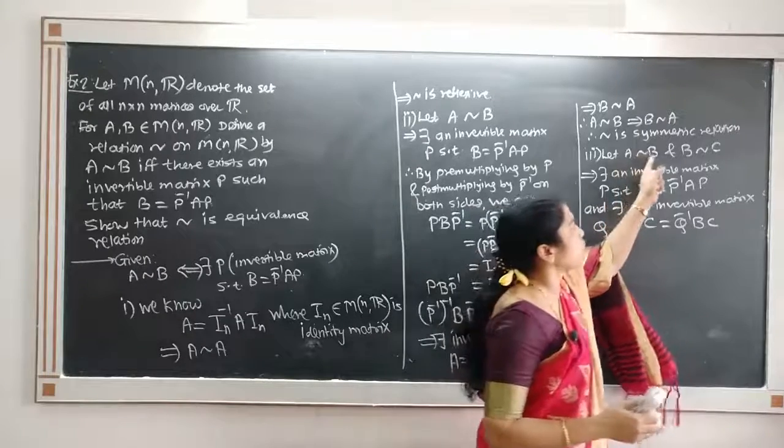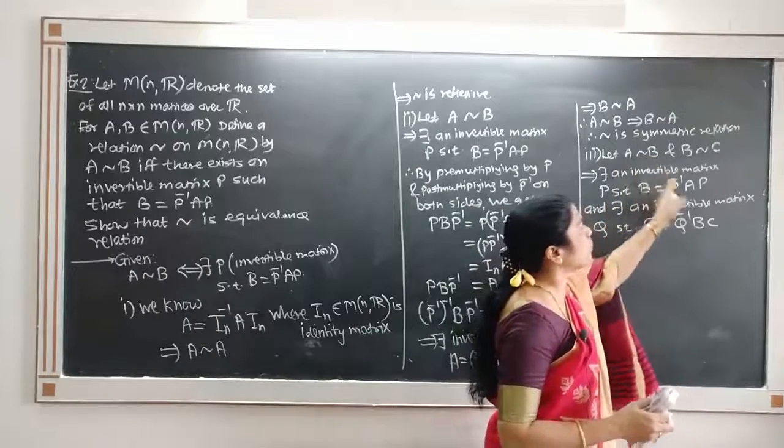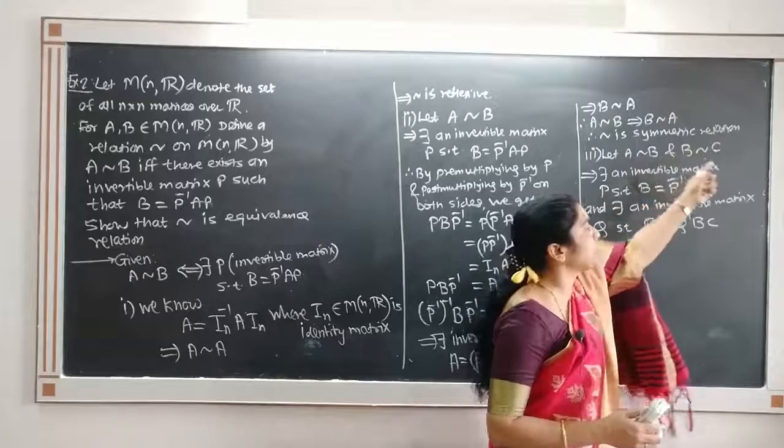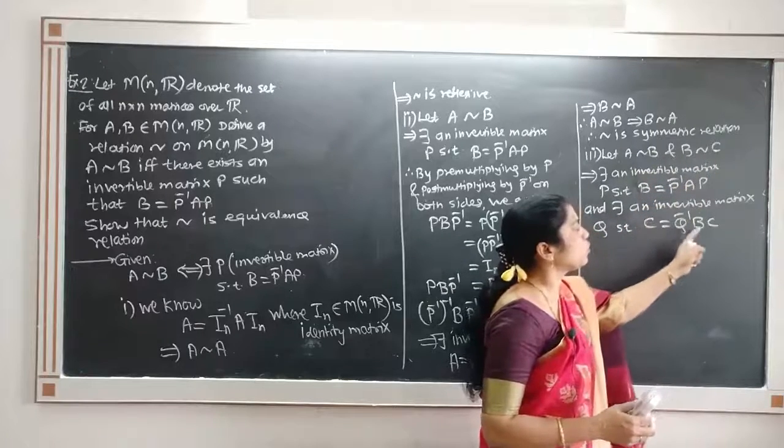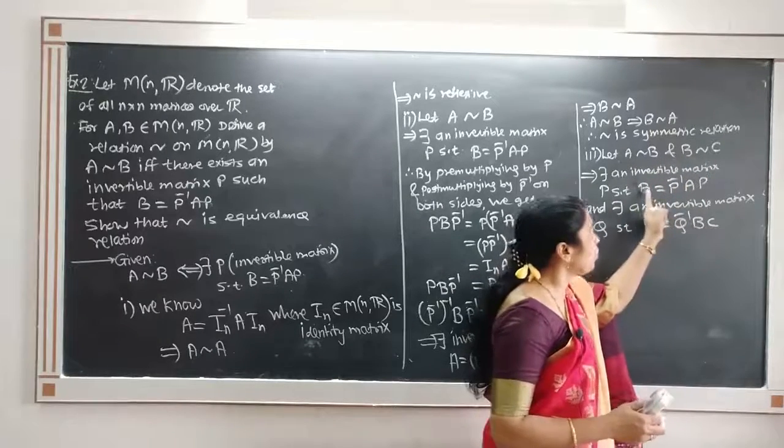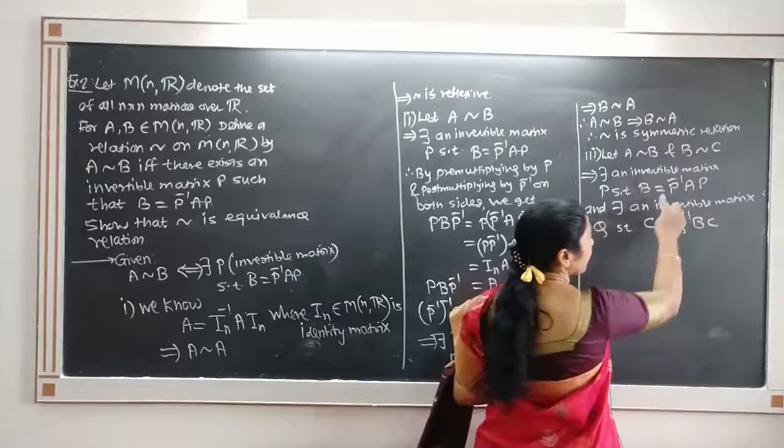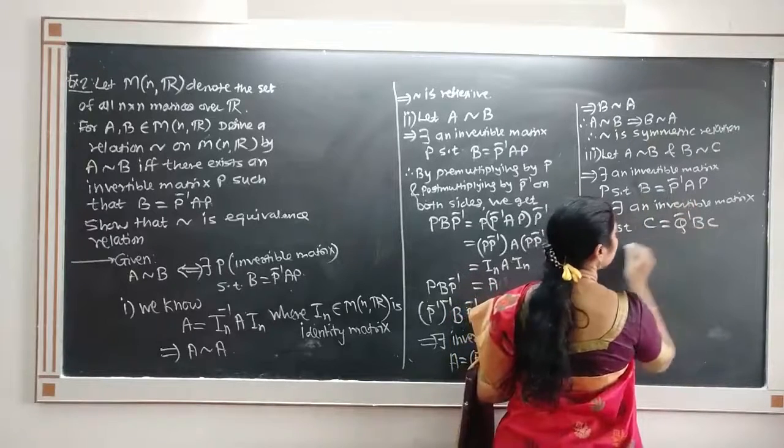Because A is related to B, B is equal to P inverse AP. Because B is related to C, C is equal to Q inverse BQ. Put the value of B here. Substitute this B in this equation.